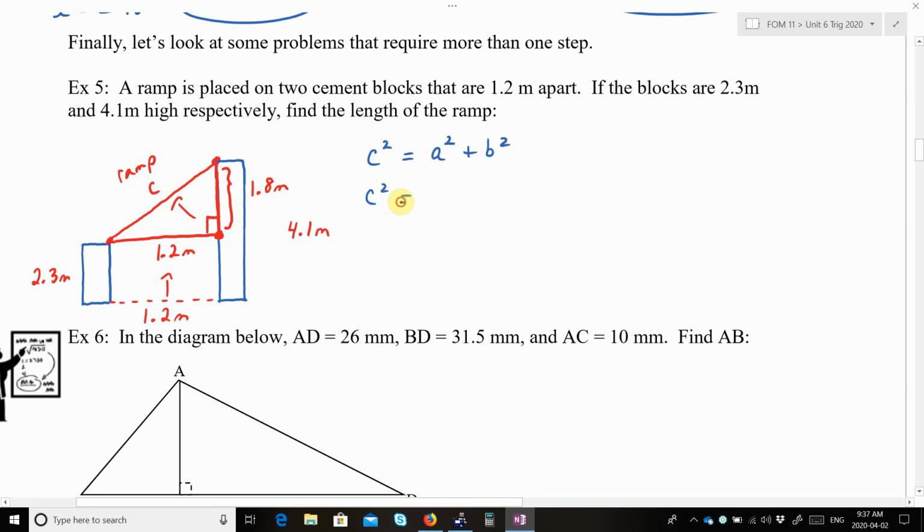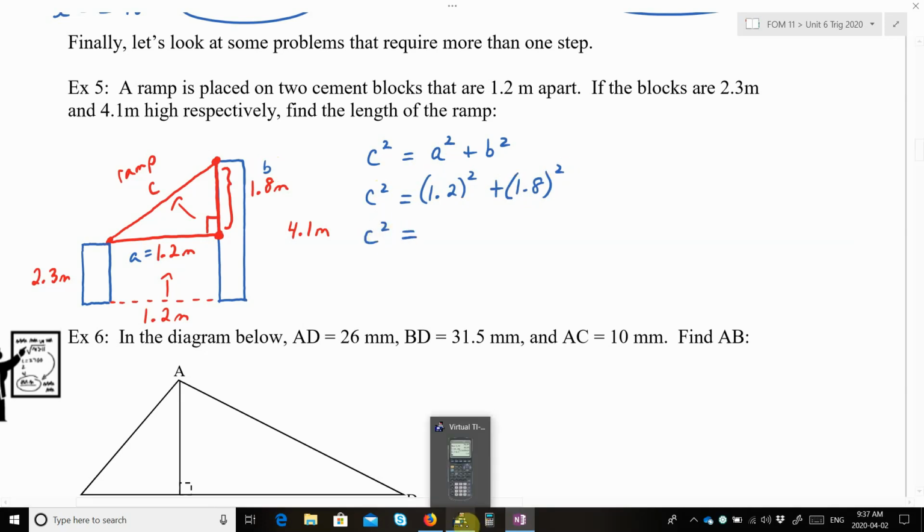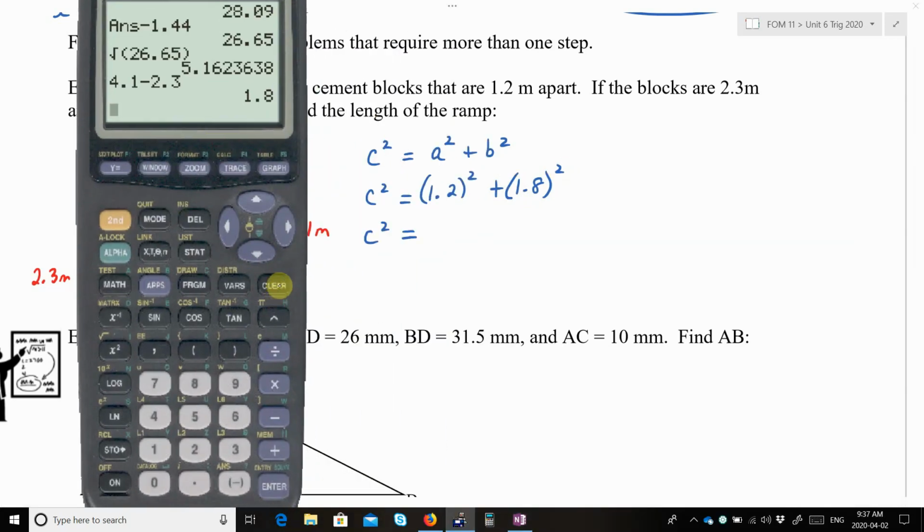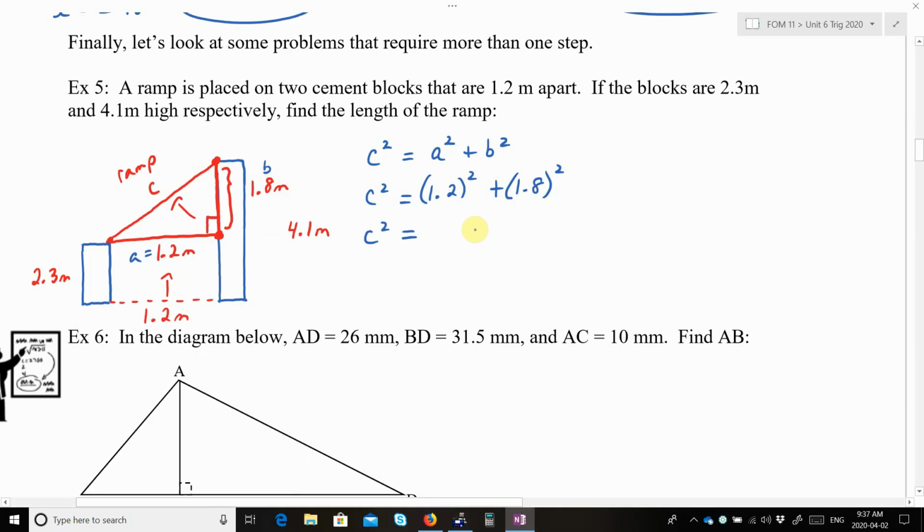Okay, so c squared is equal to, let's call this one a and this one b, it will be 1.2 squared plus 1.8 squared. And so c squared is equal to, I'm going to do that calculation all at once, 1.2 squared plus 1.8 squared, and write down 4.68.